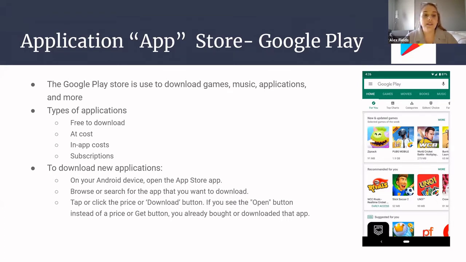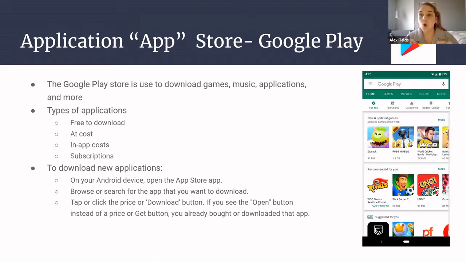You can also download new applications on your Android device by opening up the App Store, browsing and searching for the app that you would like to download in the search bar, and then clicking to get the price or clicking download to download the application on your device.